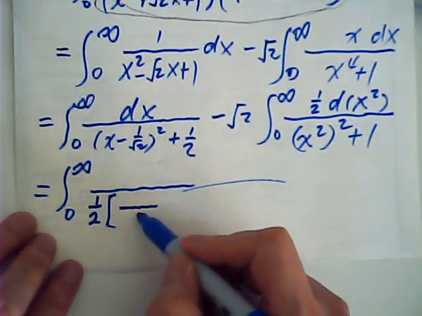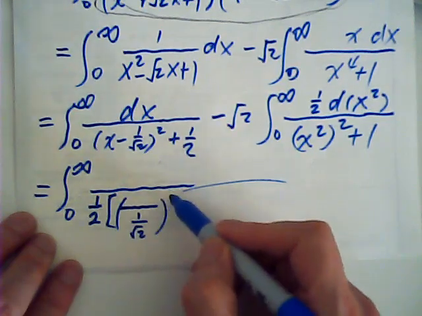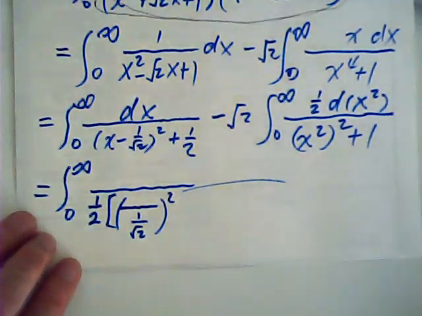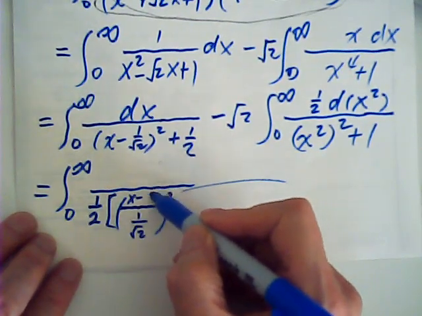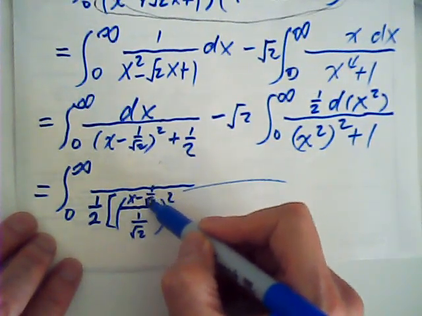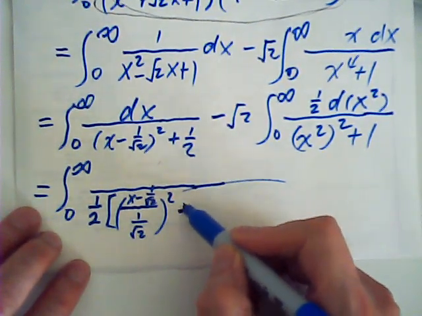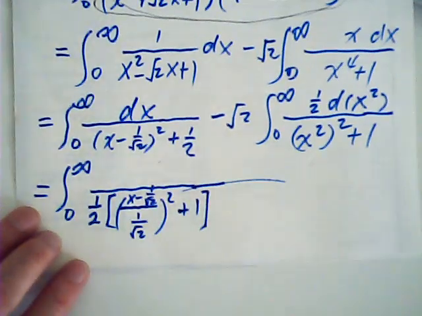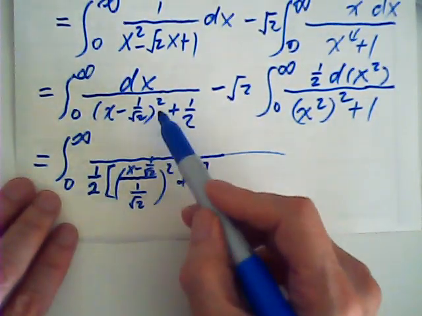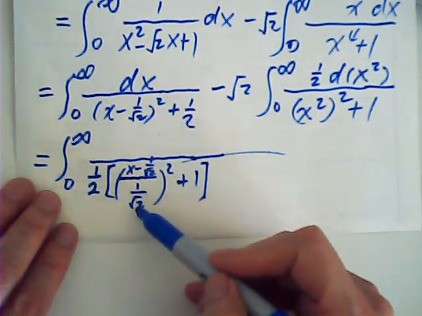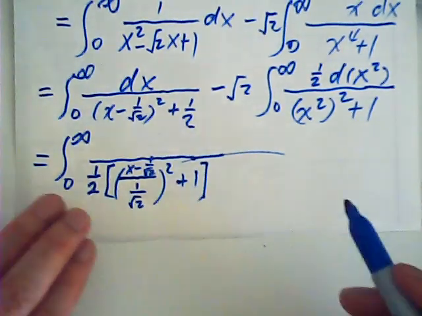This is 1 over root 2 square, right? Square cancels half. So this one is x minus 1 over root 2, and plus 1 now, yeah. Okay. That one square is this. This square is a half, times the half cancels out. This time this one is half.